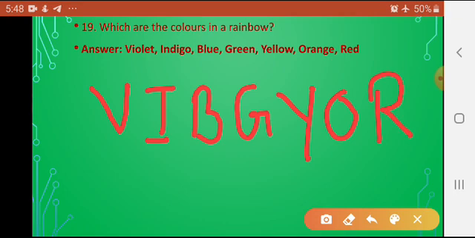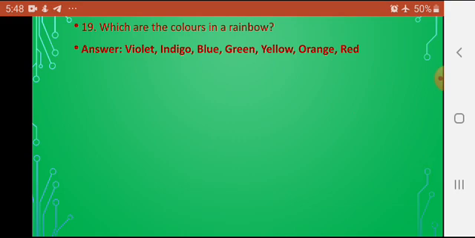Okay, VIBGYOR: violet, indigo, blue, green, yellow, orange and red. These are the names of 7 colors in a sequence. Now violet is the lowest in the circle. Suppose that there is a rainbow.